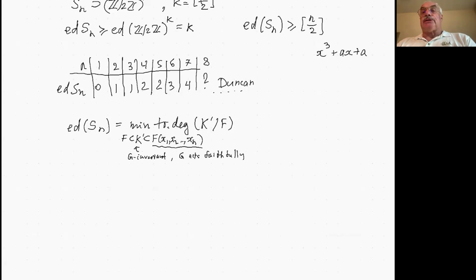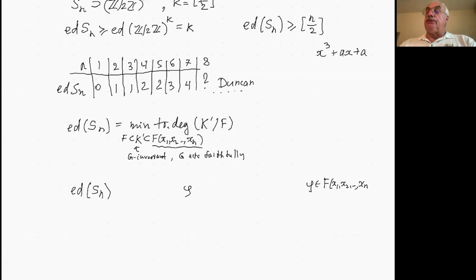Well, the other one looks even more elementary. So we take a rational function, say phi, from the field generated by x1, x2, ..., xn, rational functions in n variables.